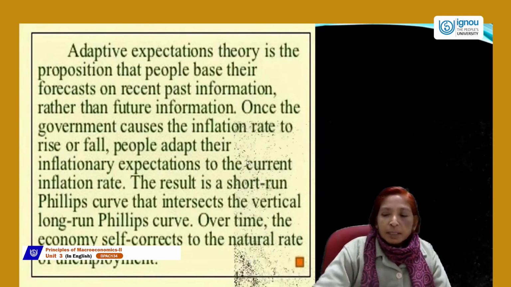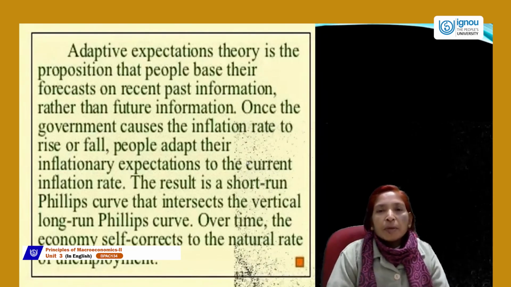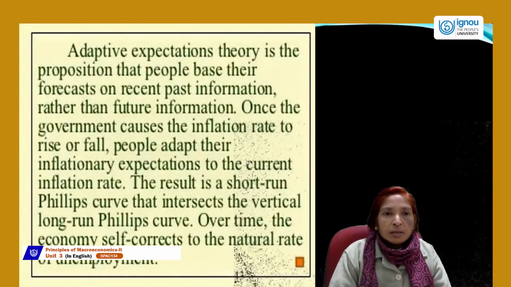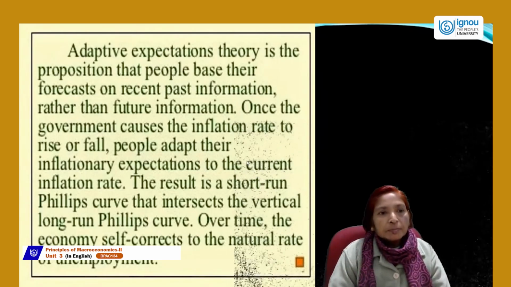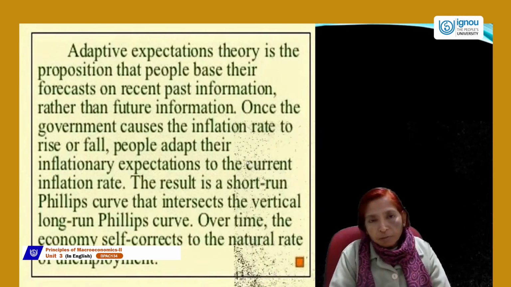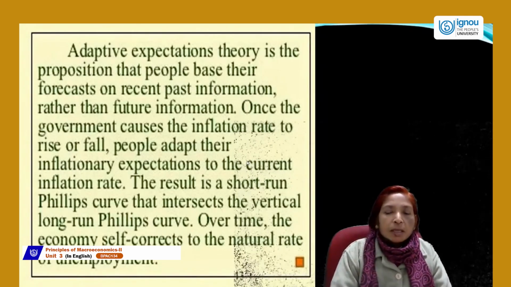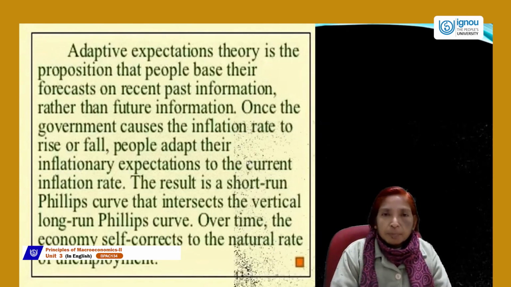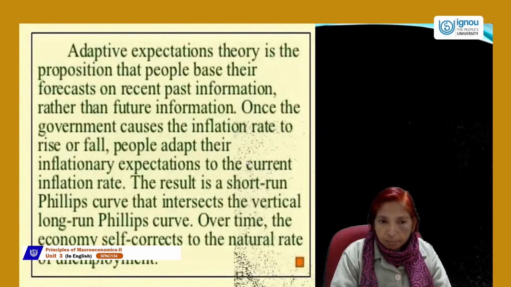This adaptive expectation theory is the proposition that people base their forecast or their predictions on recent past information rather than future information. Once the government causes the inflation rate to rise or fall, people adapt their inflationary expectations to the current inflation rate.